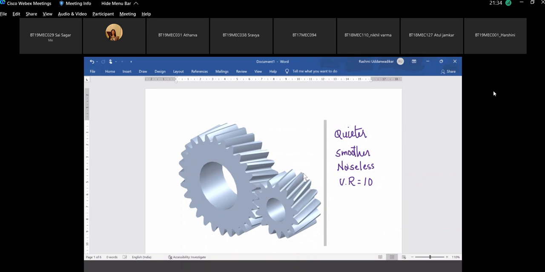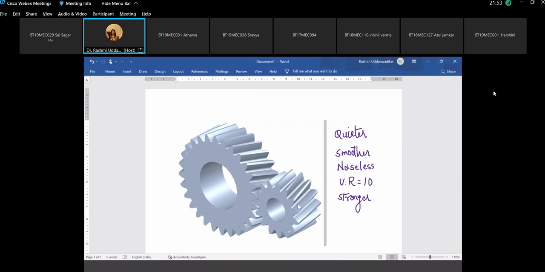Then, because these teeth are inclined, the strength also increases because of increase in the B. This we'll see how. So these teeth, they are stronger as compared to the spur gear.